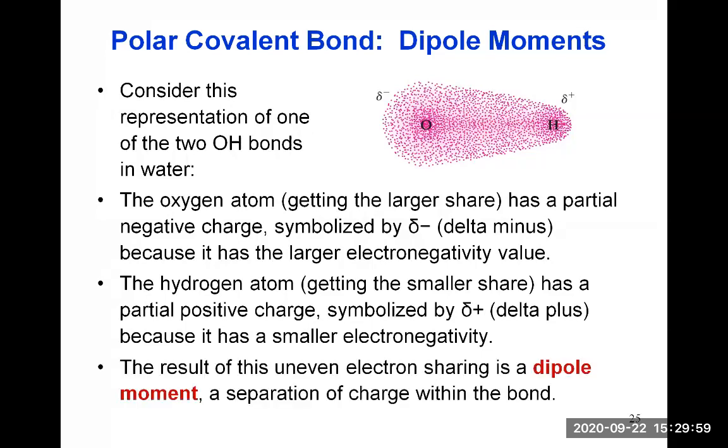And so the result is this uneven electron sharing, right? You can see that they don't share equally. Oxygen has more of the electrons around it than the hydrogen. And so it results in a dipole moment that is due to the separation of charge within the bond.